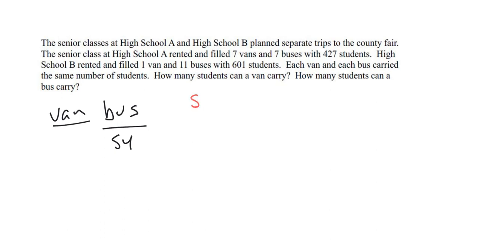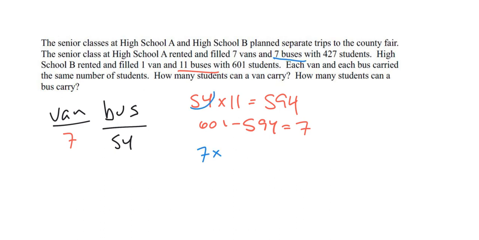We have 54 times 11 buses, and that's going to be 594, which 601 minus 594 is 7 people in a van. Okay, so then let's see how that pans out for the other school.